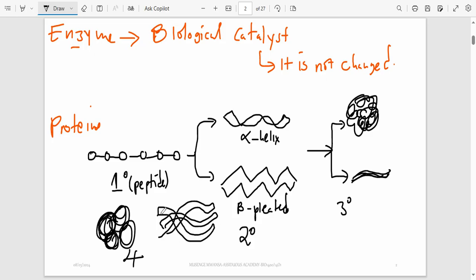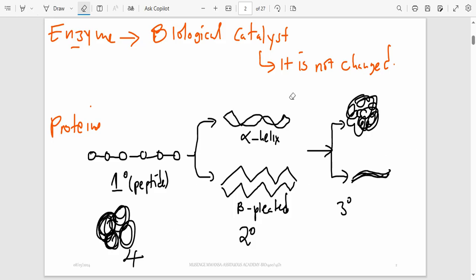But in an exam, the most important structure for collagen is the secondary structure. They do ask that question. But it can also form a tertiary structure. A quaternary structure is a structure where you get more than one polypeptide folded into a tertiary structure.